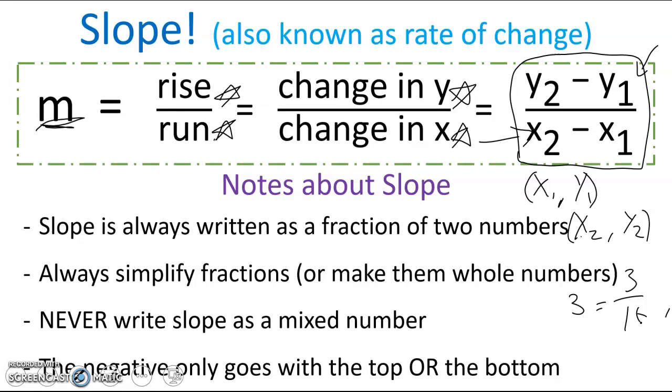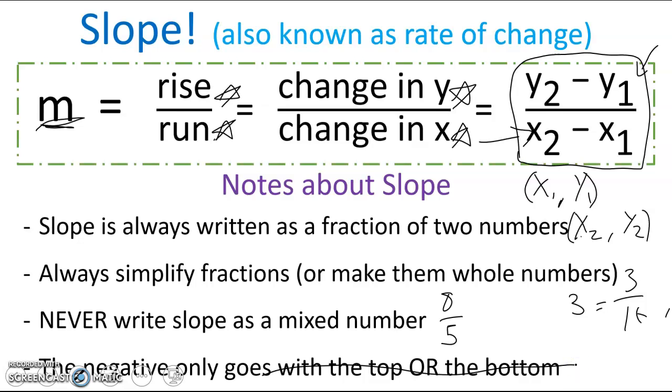And we never write slope as a mixed number, so if we ever get an improper fraction, like, just for an example, 8 over 5, don't write that as a mixed number. Just leave it as 8 over 5. And then our negative number only goes with the top or the bottom. So this last one here, I wouldn't really worry too much about it.